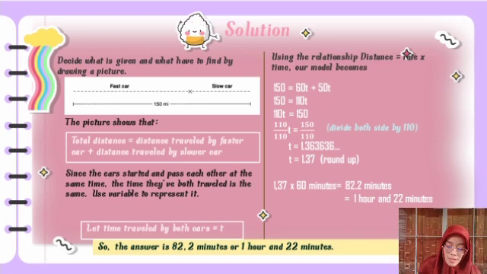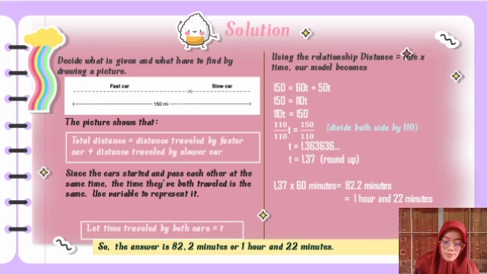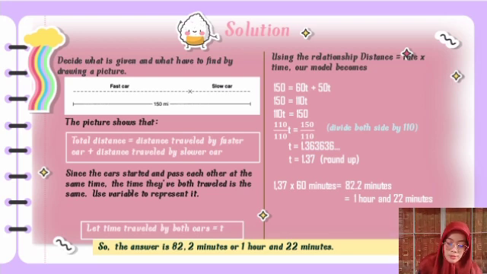So t equals 1.36, rounded up to 1.37. So 1.37 times 60 minutes is 82.2 minutes.